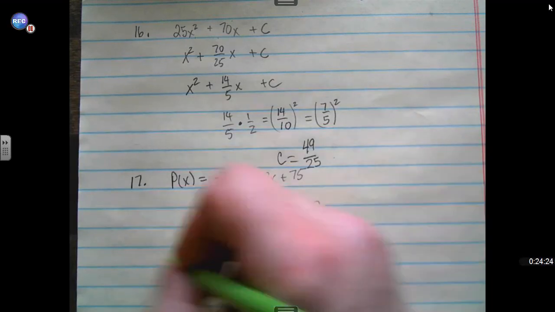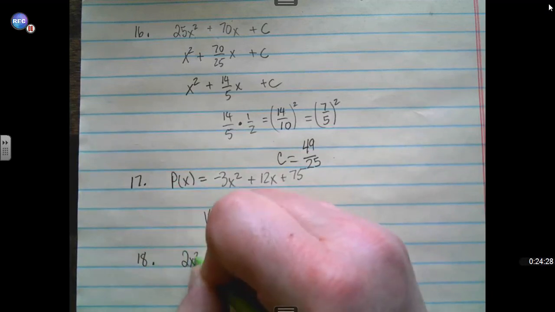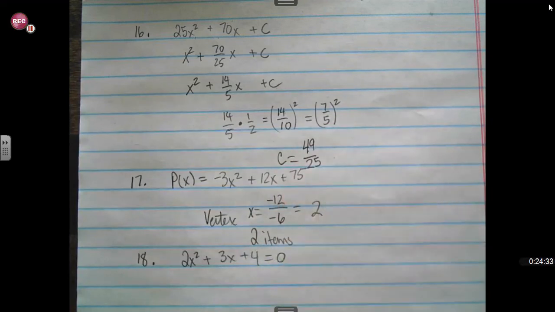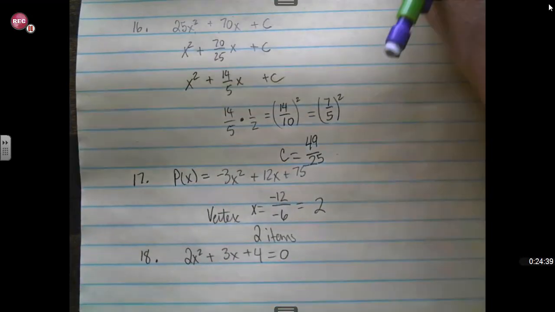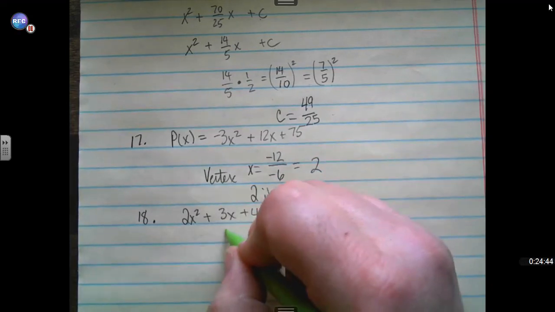For 18, they give us 2x squared plus 3x plus 4, and it's asking for what the discriminant is, and the discriminant is b squared minus 4ac.